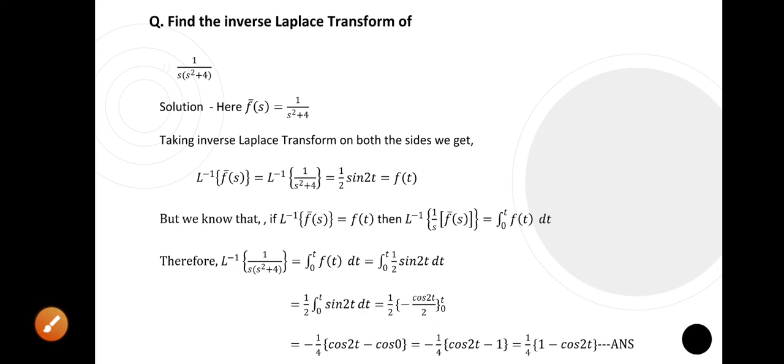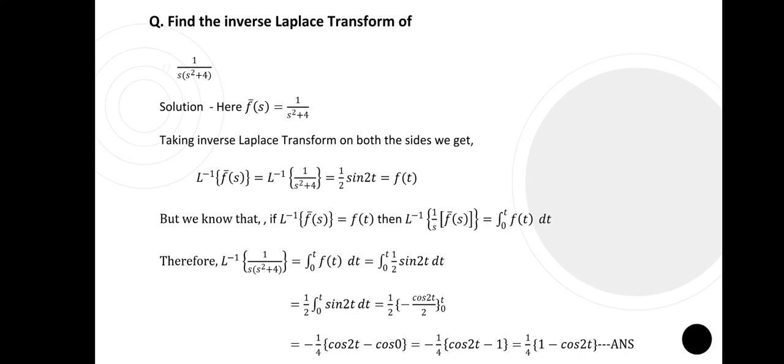So this we can write minus 1 by 4, and you can put the limits only for the function cos 2t, upper limit t and lower limit 0. So it becomes minus 1 by 4 cos 2t minus cos 0. So we know that cos 0 is 1. So it is minus 1 by 4 cos 2t minus 1.